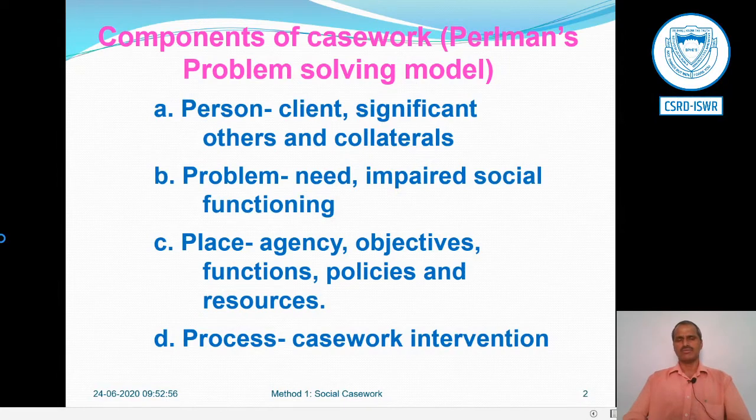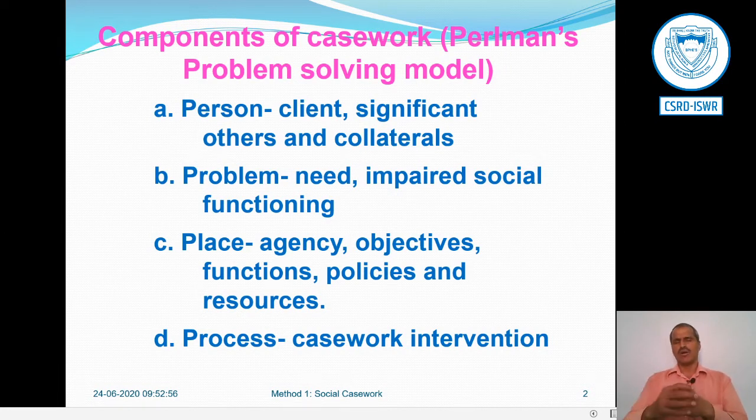Can I help you? When you find a young person who is smoking or addicted, alcoholic, you meet him, you don't simply neglect him. You sometimes interact with him, talk with him, and try to understand. Your casework begins there. So that is the community setting which forms part of the place. That is the third component of social casework.